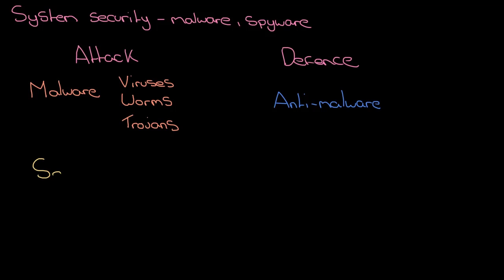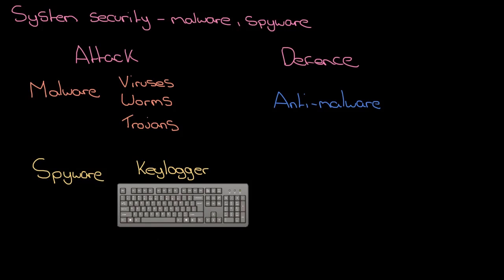Second thing, spyware. This is software installed on your computer which is sending information to somebody else without your knowledge. A very bad one is a keylogger, and this will record every single key press that you make and send it to someone else. So here's my keyboard, and if I press this letter B here, that letter B gets sent to this baddie over here, and you can tell that he's a baddie because he is wearing a top hat.